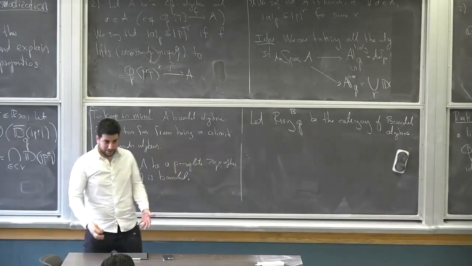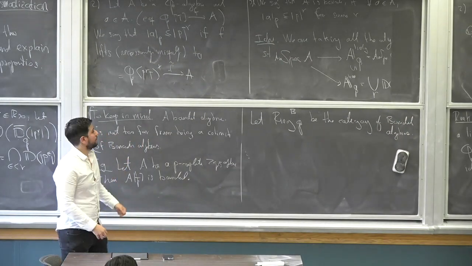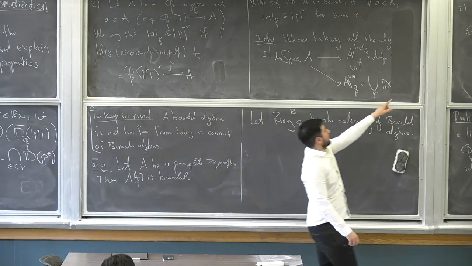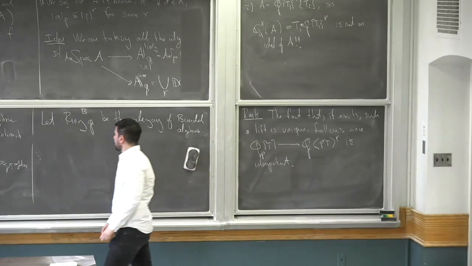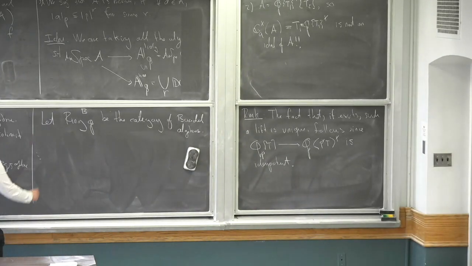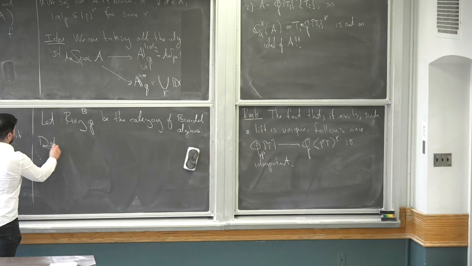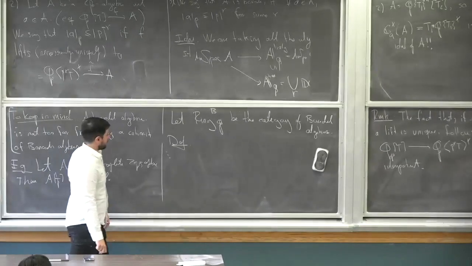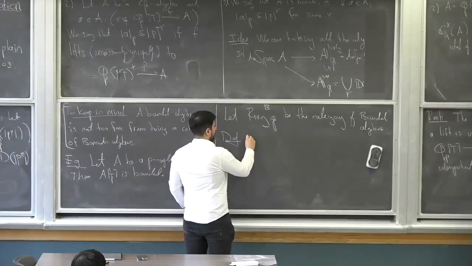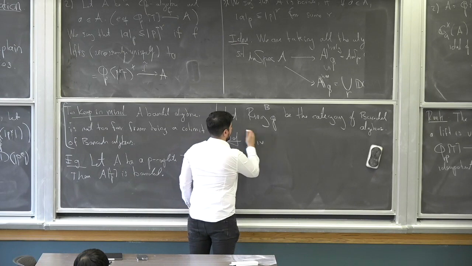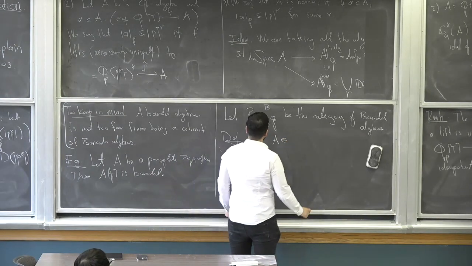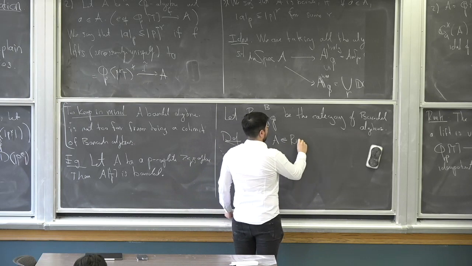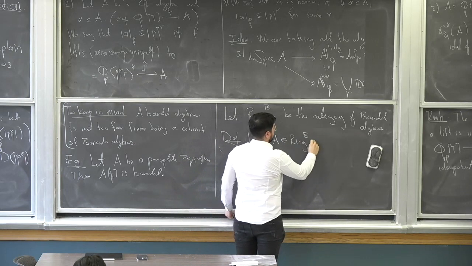And something that we wanted to make concrete in this world was again the fact that this guy should be an ideal. So let me make that definition. Let A be a bounded algebra.